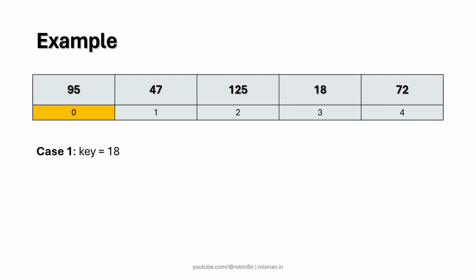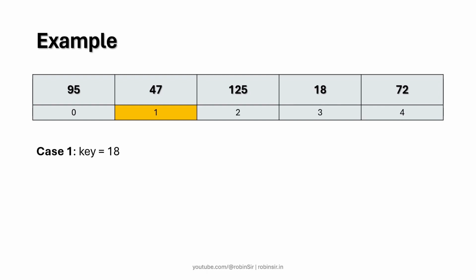Each time we realize that the element is unavailable, the index counter increases by 1. So because at index 0 we have not found the element, the index counter increases to 1. At 1, again we search for 18, but instead we got 47. So again, we could not find it.